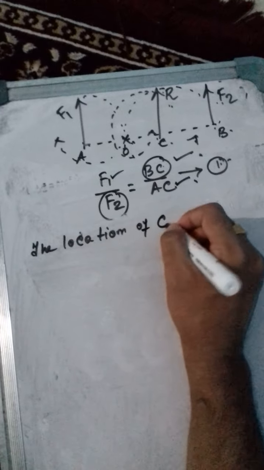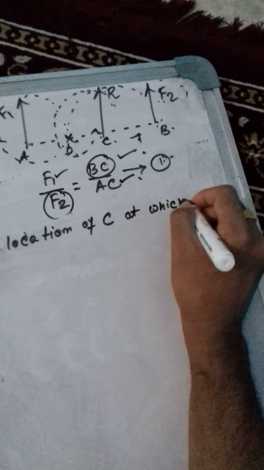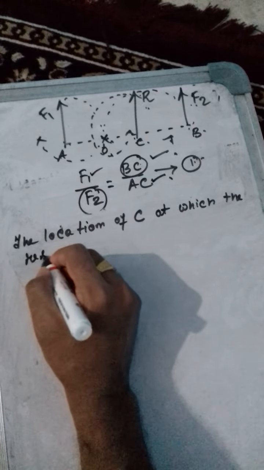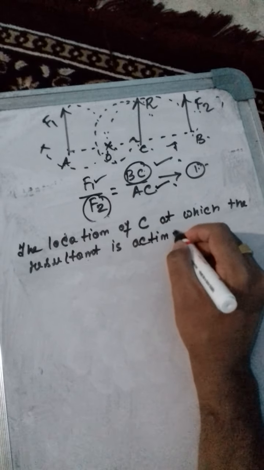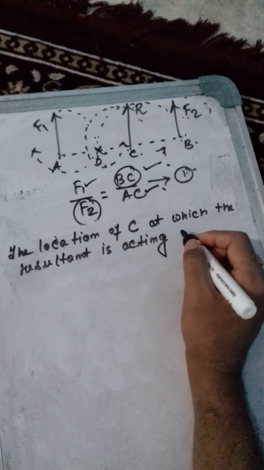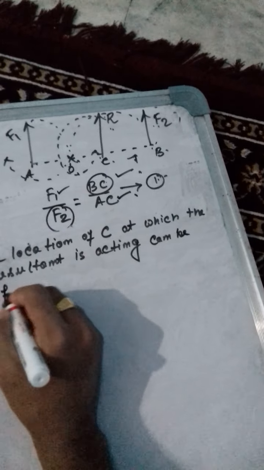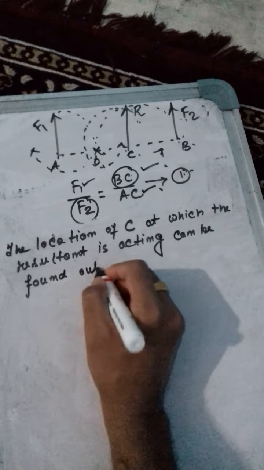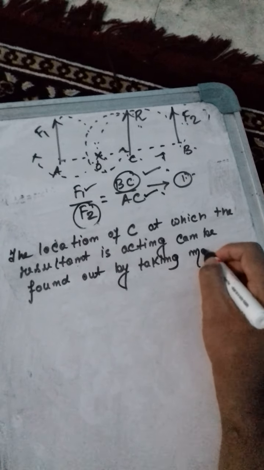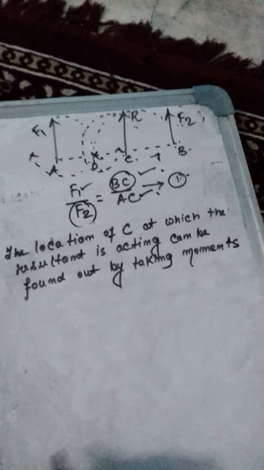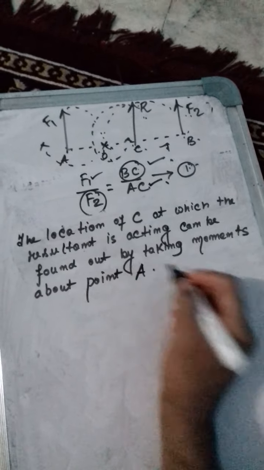The location of C at which the resultant is acting can be found out by taking moments about point A.